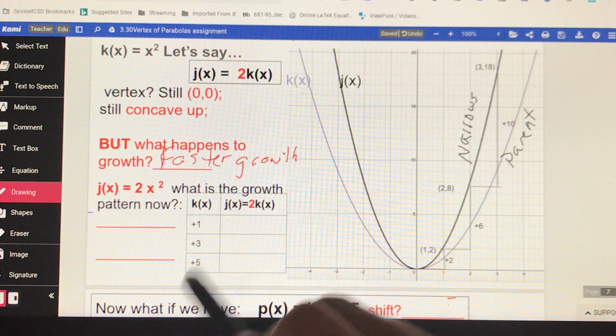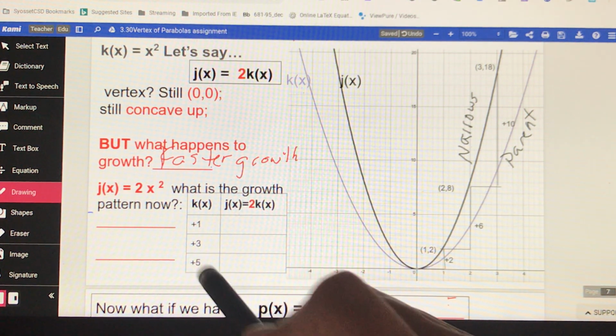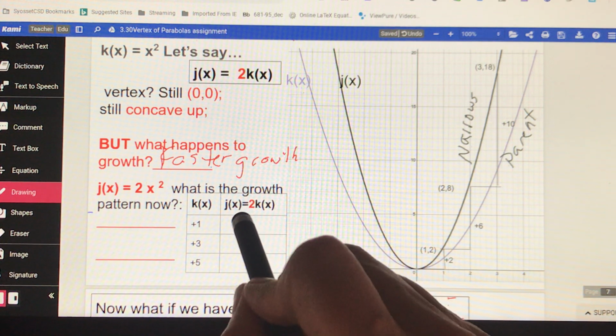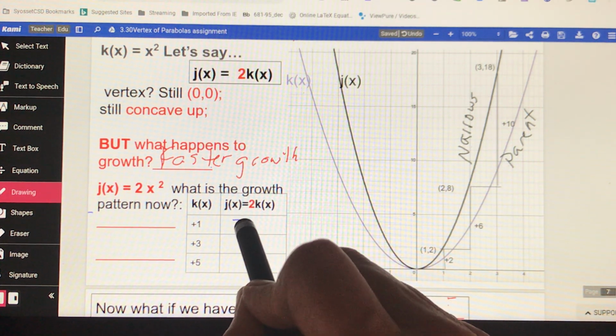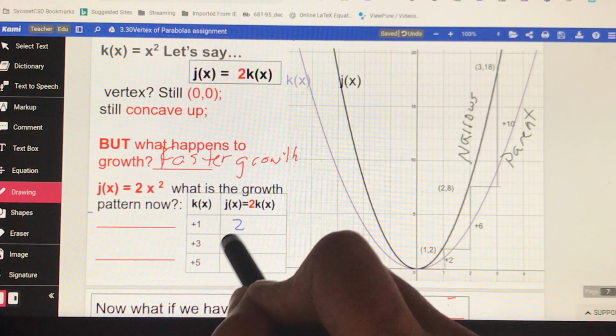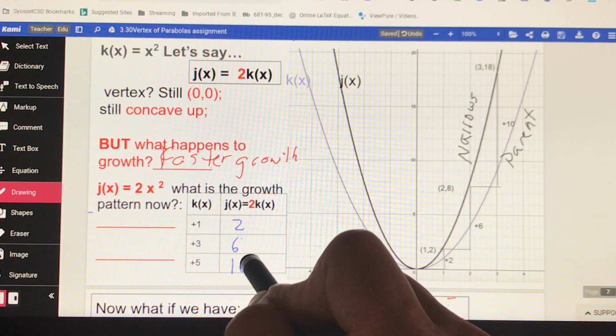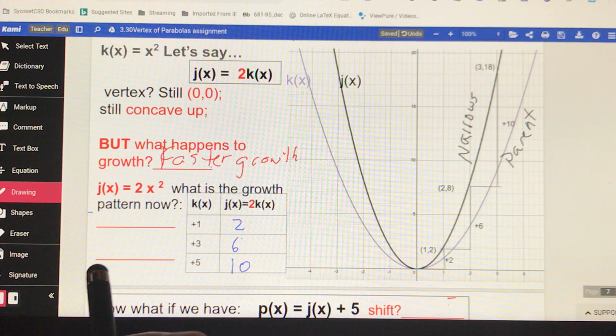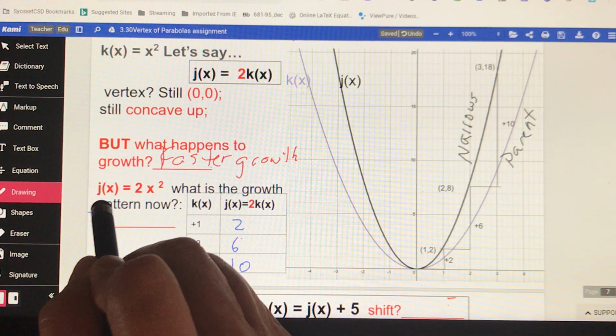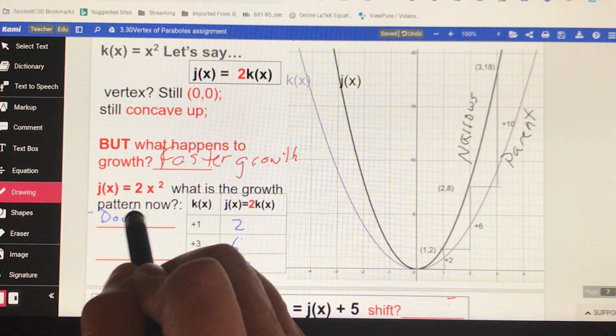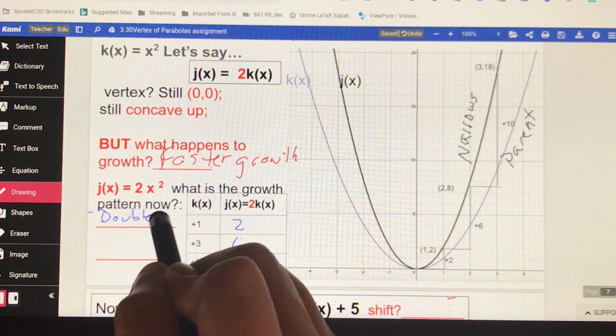So originally, our k of x grew at a 1, 3, 5 pattern. The j of x is going to grow at a 2, 6, and 10. So it doubles. So it's double growth.